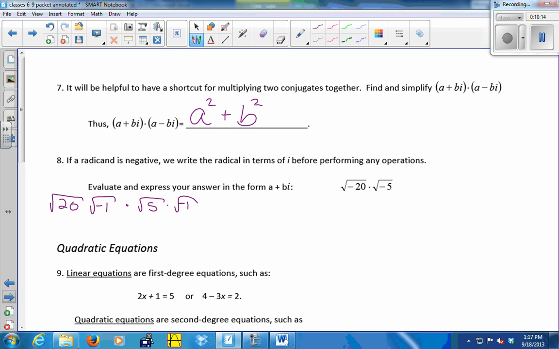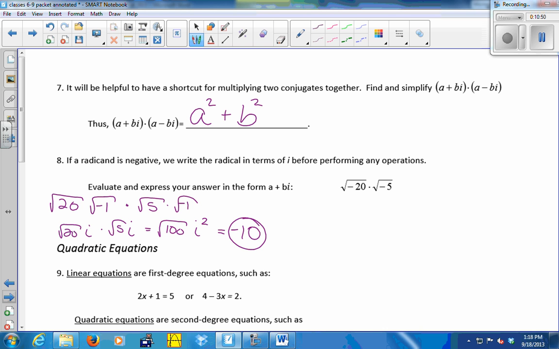So this is radical 20 i times radical 5 i. We want to write them in terms of i's before we do any multiplying. Now I can multiply. Radical 20 times radical 5 is radical 100, and i times i is i squared. Radical 100 is 10, and i squared is negative 1. So this is 10 times negative 1, which is negative 10.